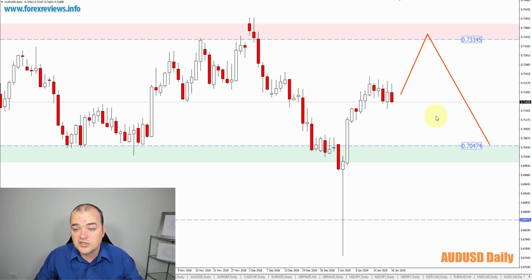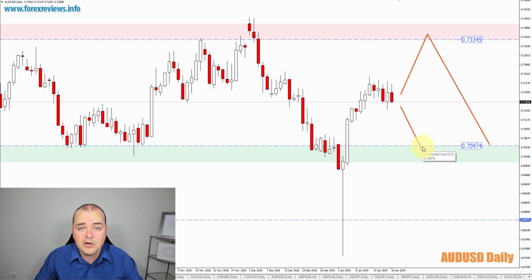However, looking at this recent price action, this week, instead of the bulls taking control and pushing price all the way up to the 73.34 zone area, price may pull back and retest the 70.47 zone area. So two scenarios that may happen.